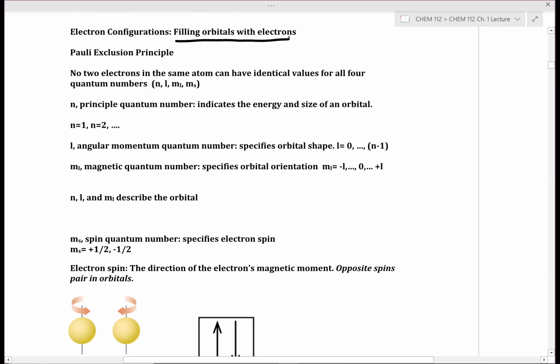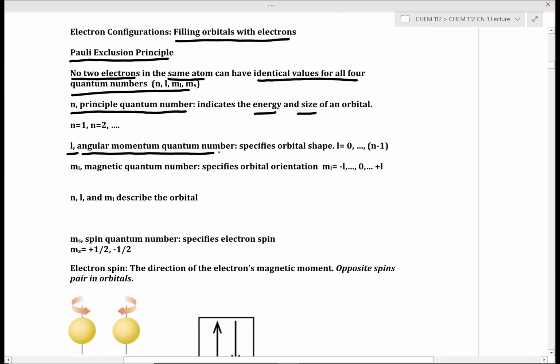So a central premise is the Pauli exclusion principle, which quite simply says no two electrons in the same atom can have identical values for all 4 quantum numbers. So just as a refresher, n is the principal quantum number indicating the energy and size of an orbital. L is the angular momentum quantum number, specifies orbital shape.